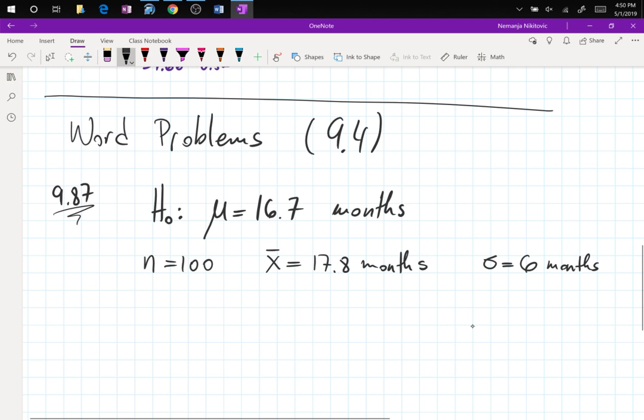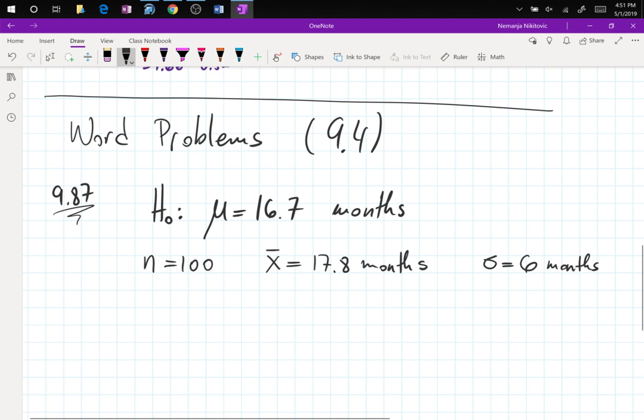So at the 5% significance level, do the data provide sufficient evidence to conclude that the mean length of imprisonment for motor vehicle theft offenders in Sydney differs from the national mean? Just differs. They didn't say less than or greater than, they just said differs, right?